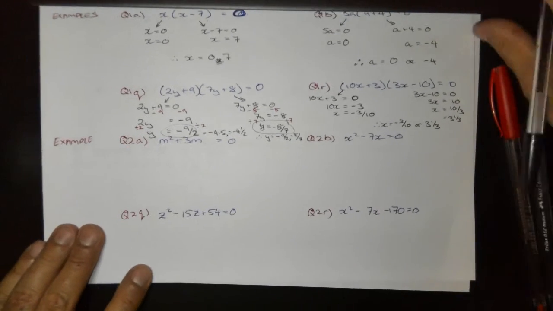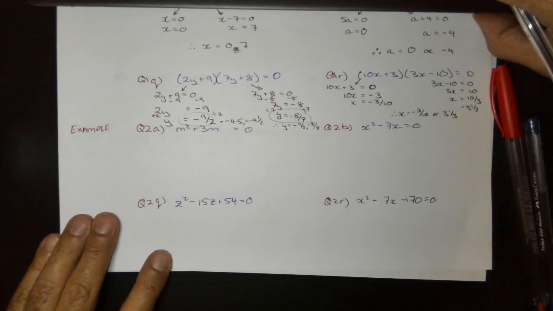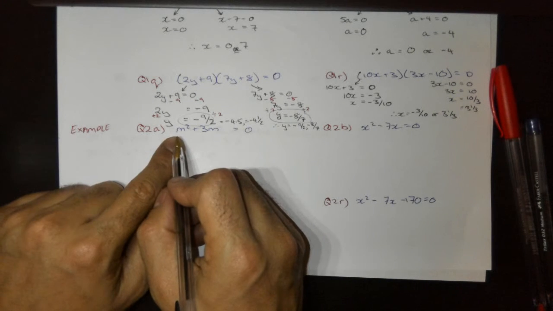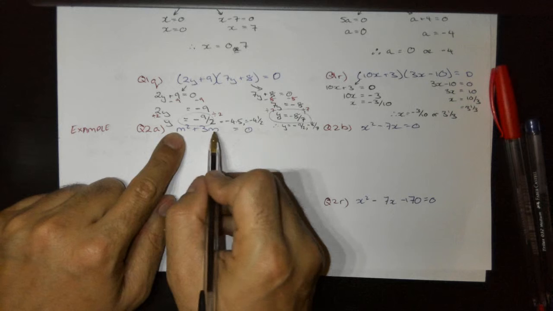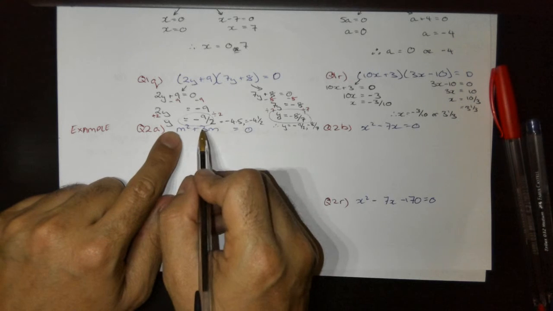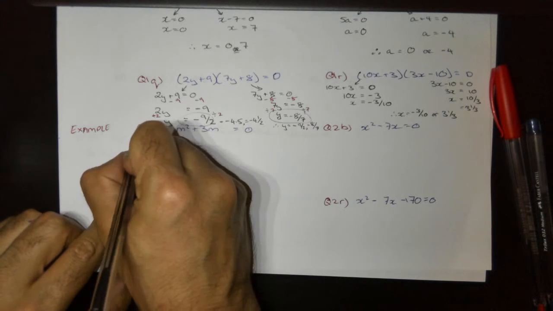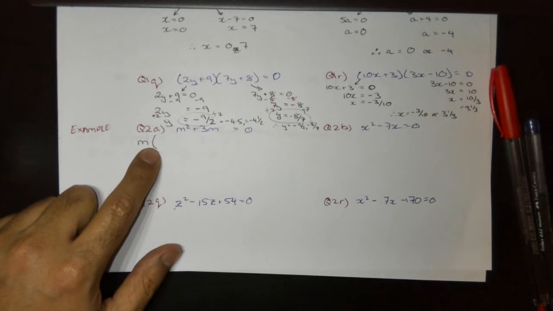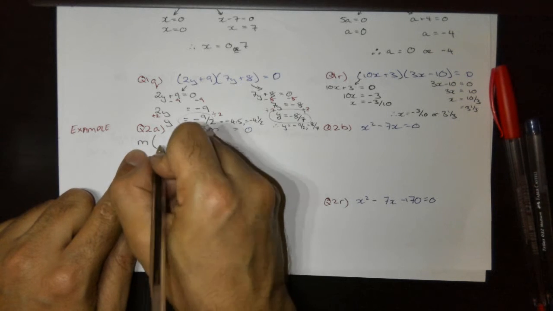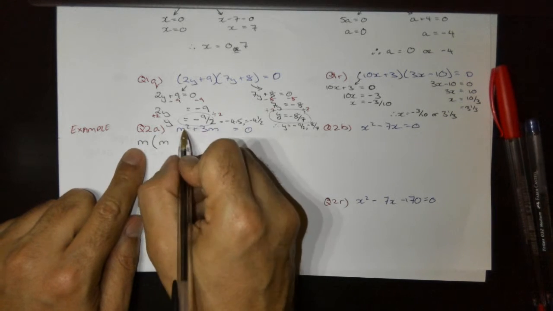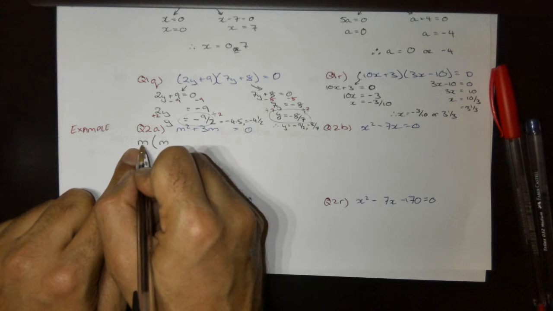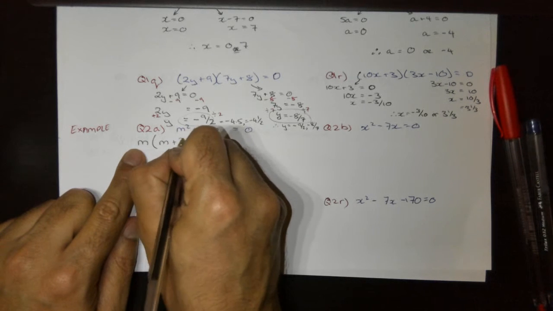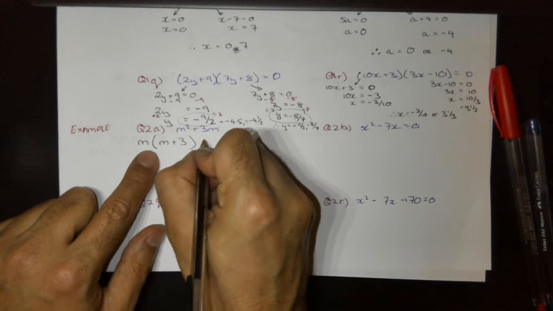Question 2 asks you to factorize first. So we want to find a number or letter that goes into both terms. In this case, m squared plus 3m, I can take an m outside. So m times m will give me m squared, and m times 3 will give me 3m.